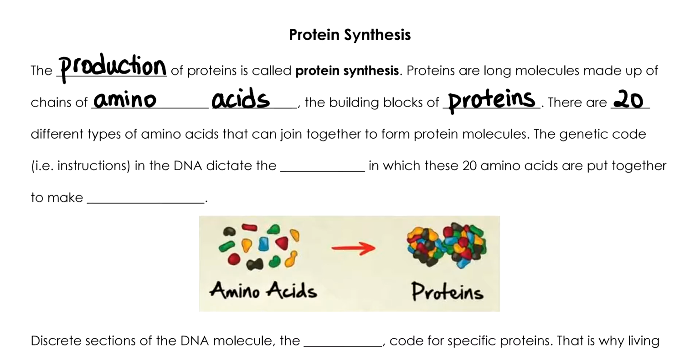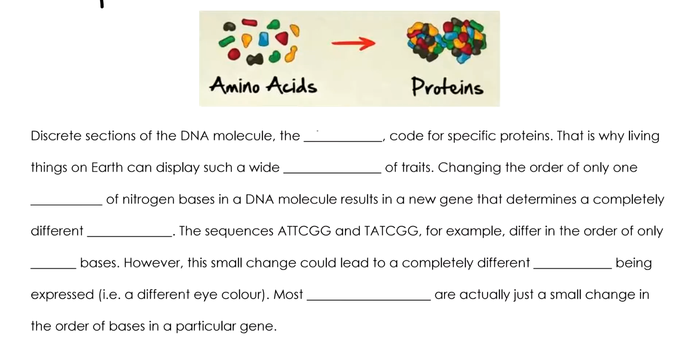And there are 20 different types of amino acids that can be joined together in so many different configurations. The genetic instructions in our DNA dictate the order in which these amino acids are assembled to make proteins. Discrete sections of the DNA molecule, which we now know are genes, code for specific proteins by telling the cell how to connect the amino acids.